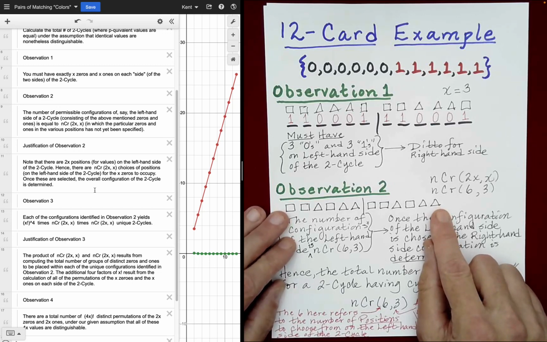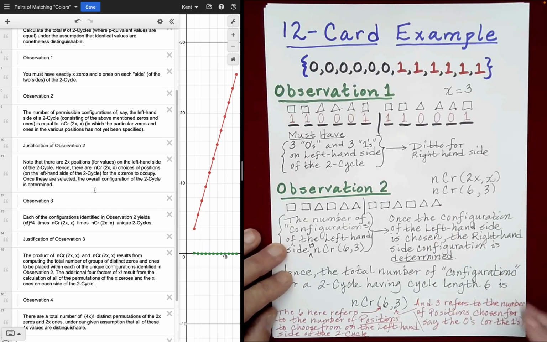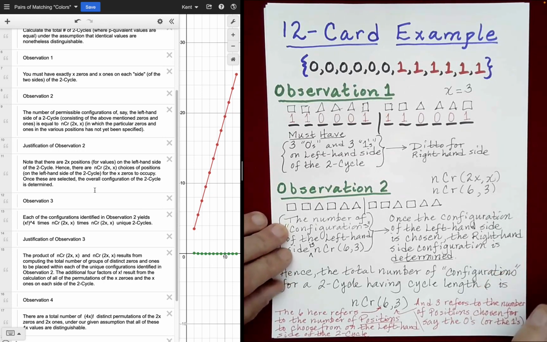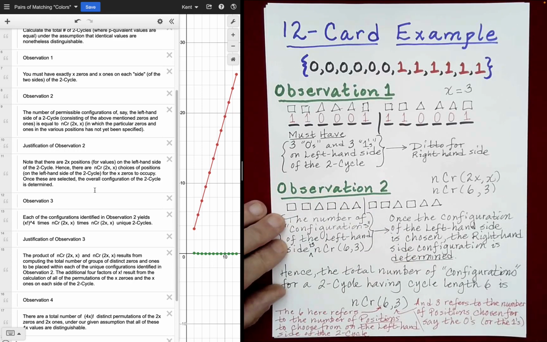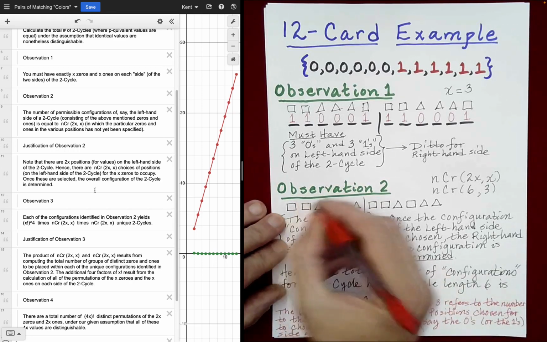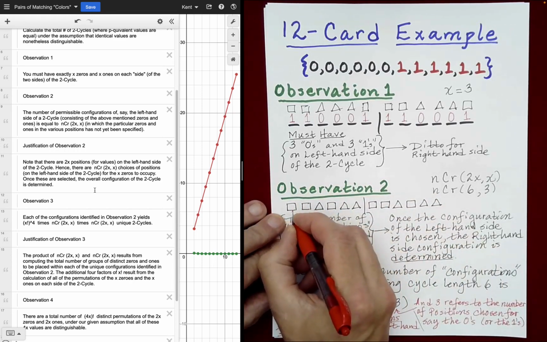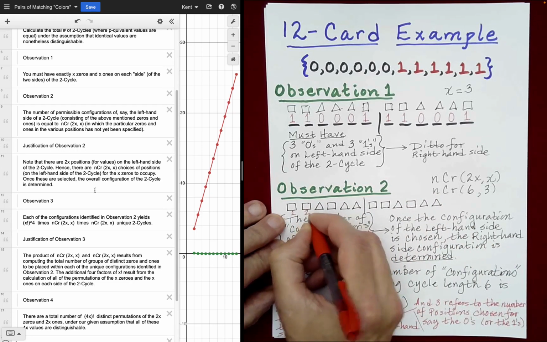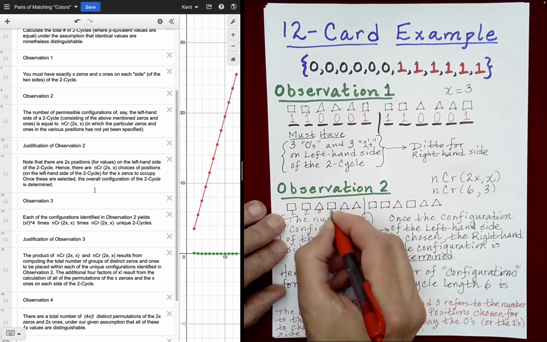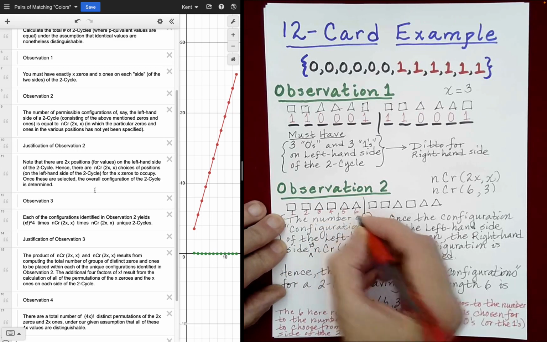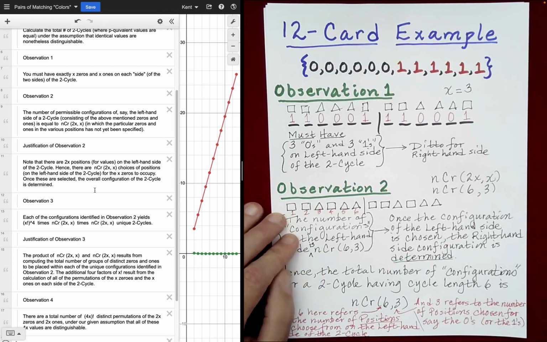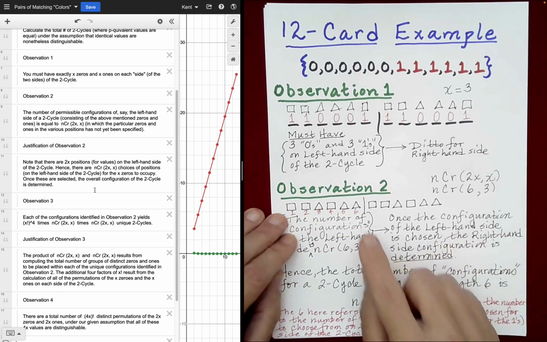I call them configurations. The way to look at it is to consider the positions of things. So, for example, maybe I'll do it in red, this is position 1, 2, 3, 4, 5, 6. We're only going to focus on the left-hand side.